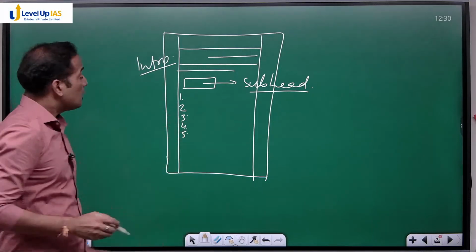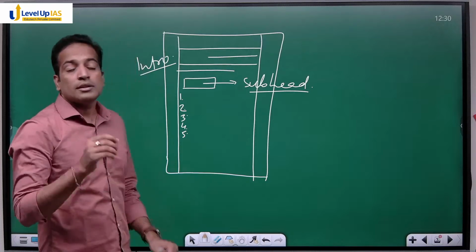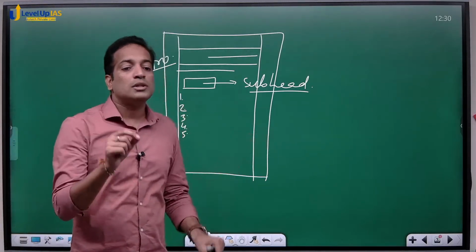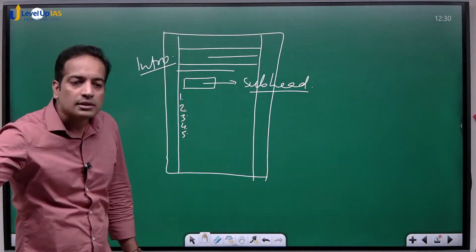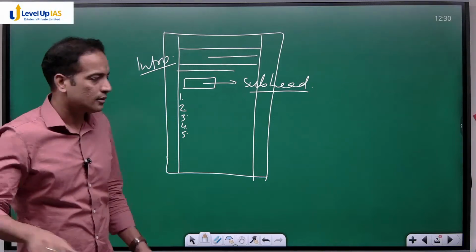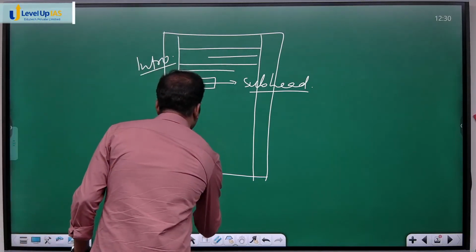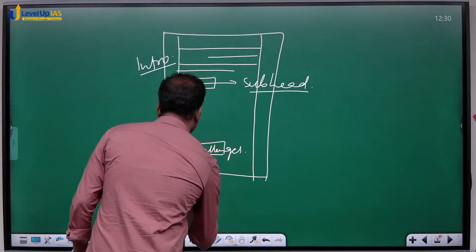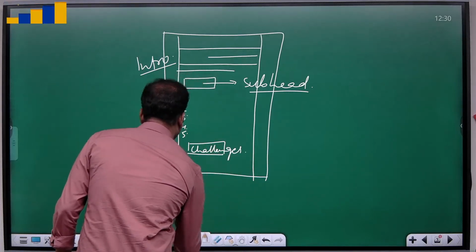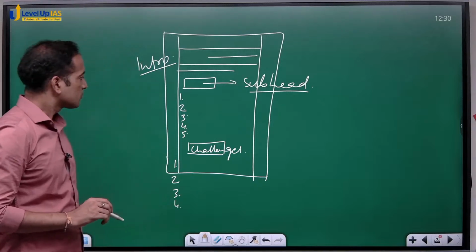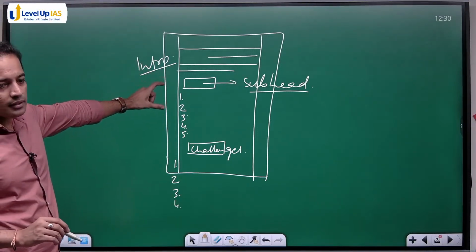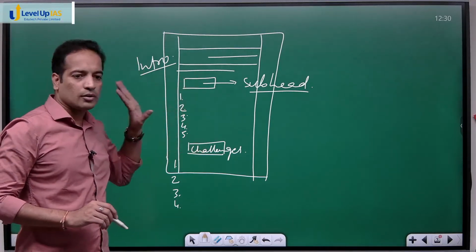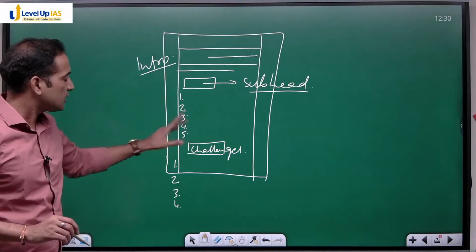Now, there is no need for that language, which many a time we tend to write: despite these opportunities there are also some associated challenges. Not needed, just write it. Challenges: 1, 2, 3, 4. So that when the examiner looks at it, he can very clearly see that, okay, this is one part of the answer, and this is another part of the answer.